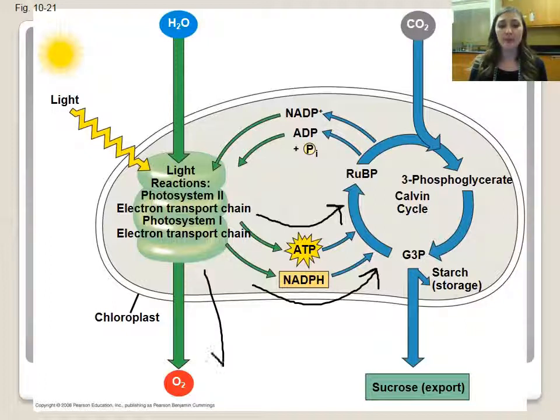A byproduct of this is oxygen. CO2 reacts with Rubisco and picks up high energy electrons to form G3P, which can eventually be turned into sucrose. And then in the last stage, it regenerates that starting material that accepts CO2. So this is how we get sugar.